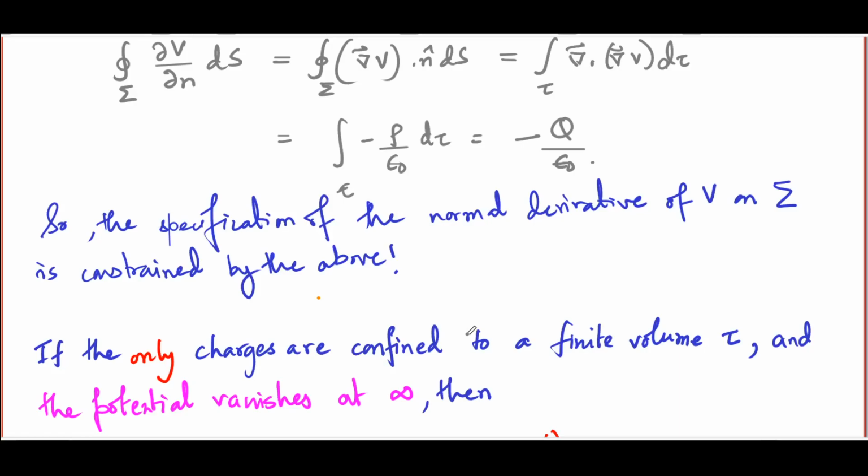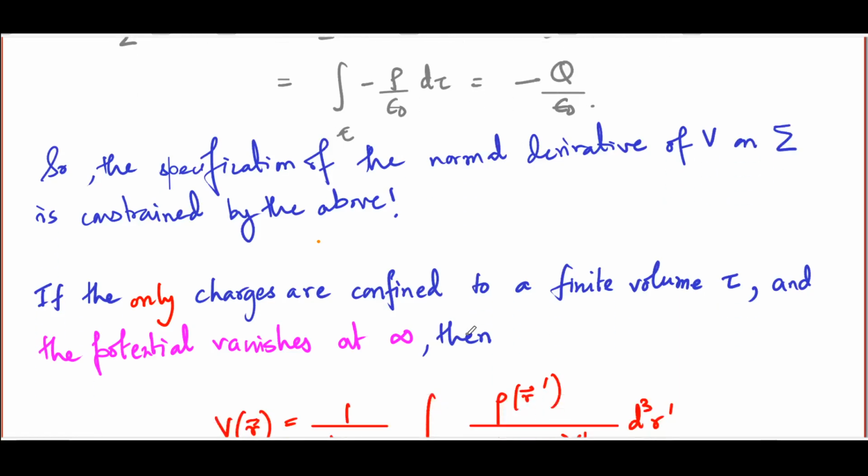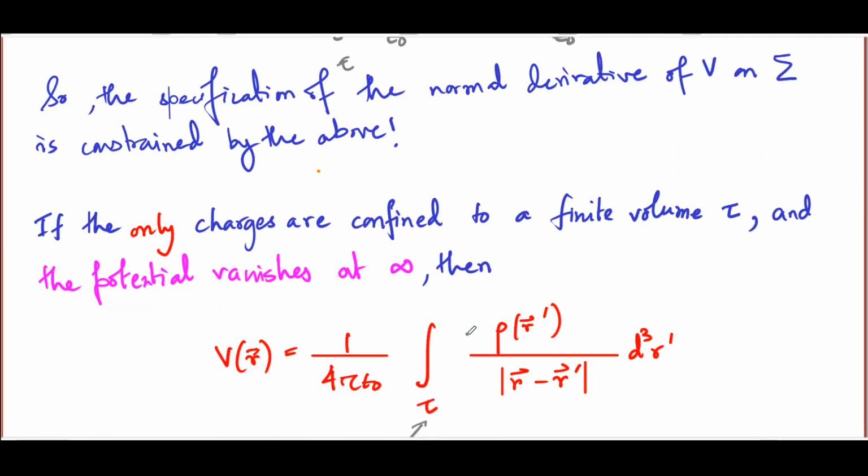If the only charges that you have are confined to a finite volume tau, and the potential is known to vanish at infinity, then the uniqueness theorem tells you that one solution that you have already verified, and which does vanish at infinity, because rho of r prime is only confined to a small finite region, and when you are at infinity, this is really like d cube r by r's integral over a finite region being done in the limit r goes to infinity. And that, of course, goes to 0.